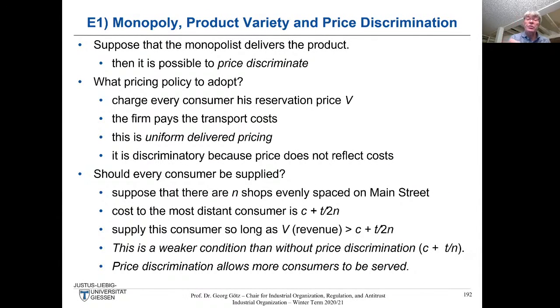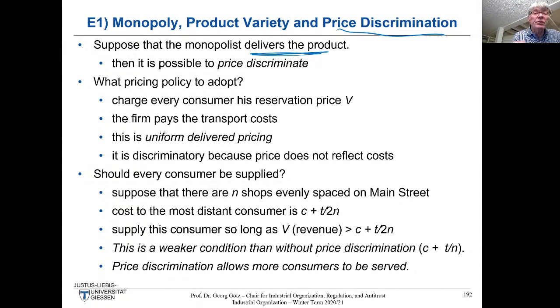What is very interesting in that respect, there is a fabulous strategy in order to implement first-degree price discrimination in this setup, in this model. And how does that work? Suppose your monopolist delivers the product. So the consumers no longer have to go to the shop, but they get the product delivered freely.